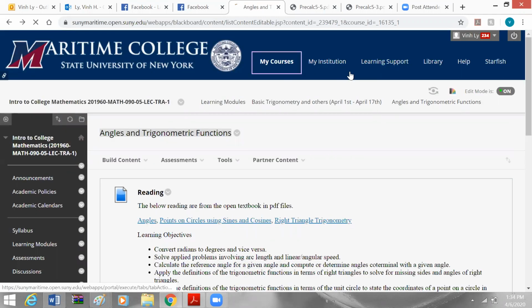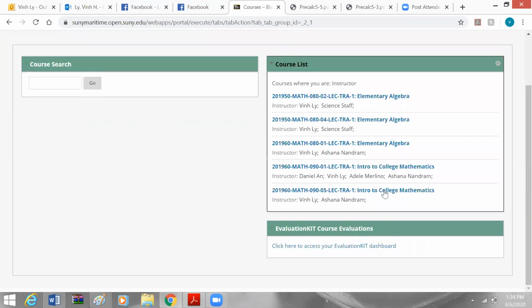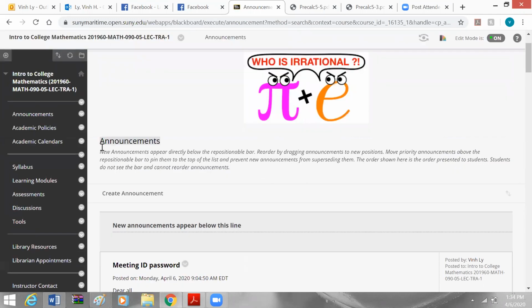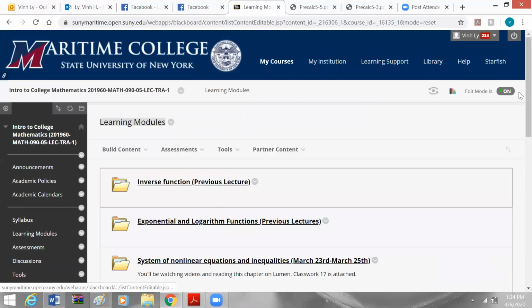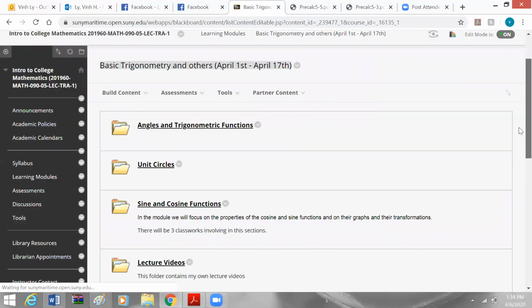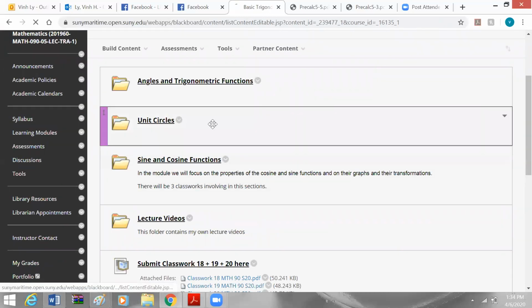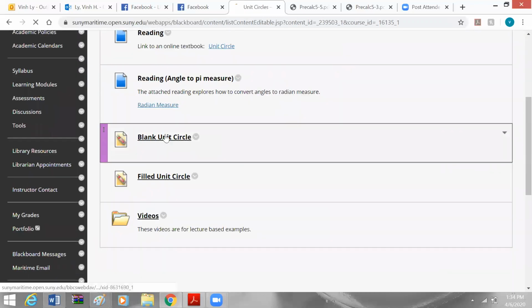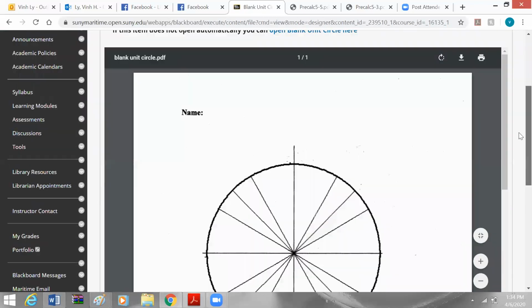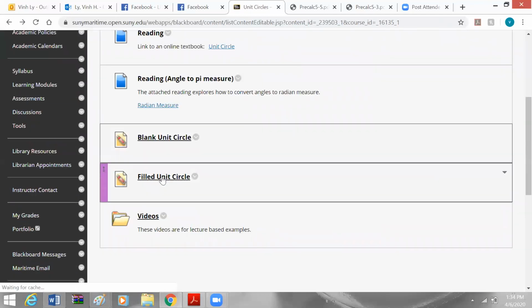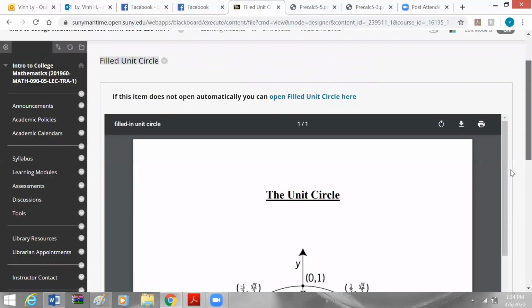Okay, so let me just go to the course and let's go to this part, go to learning modules, and now we can check for the unit circle function. So this is the blank unit circle, and we actually have a few unit circles that we can literally see.